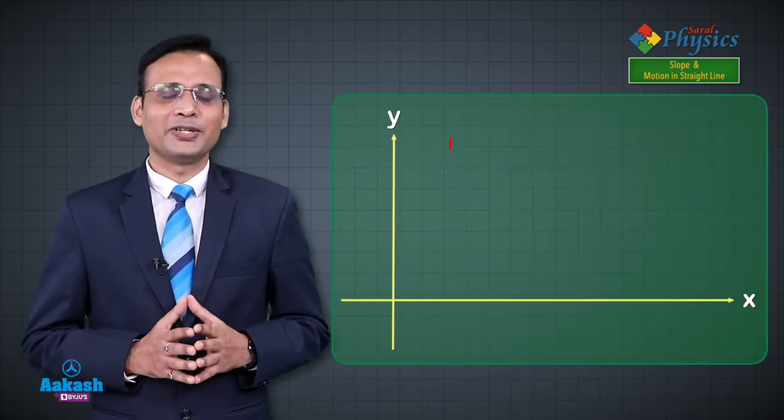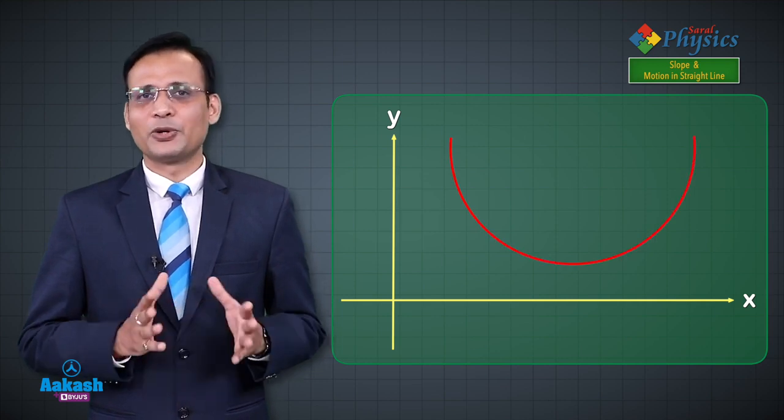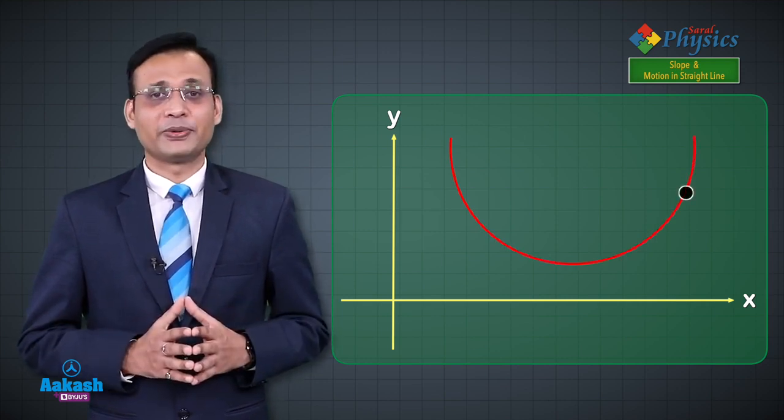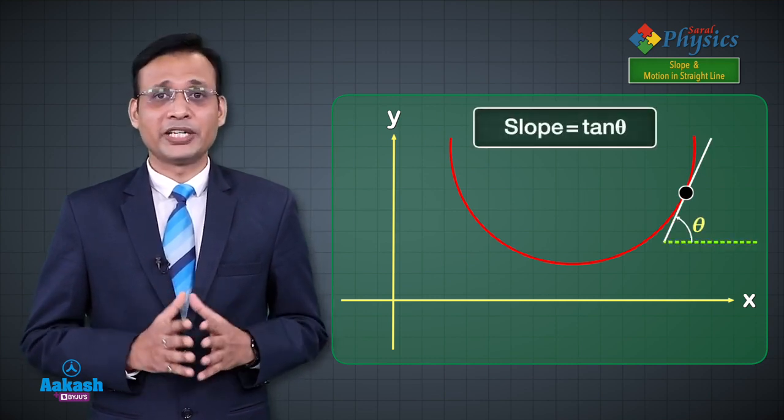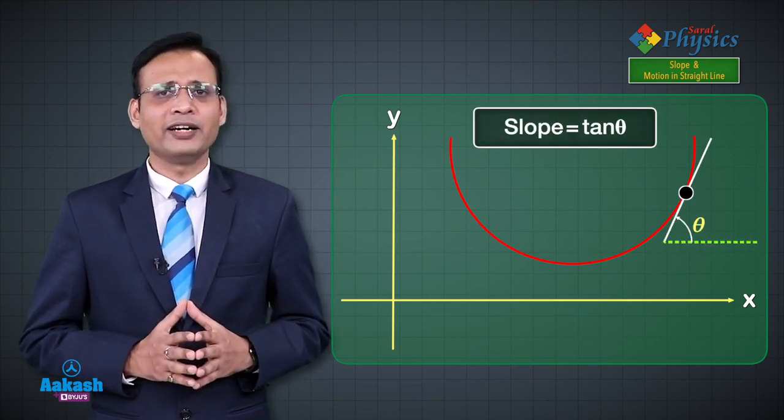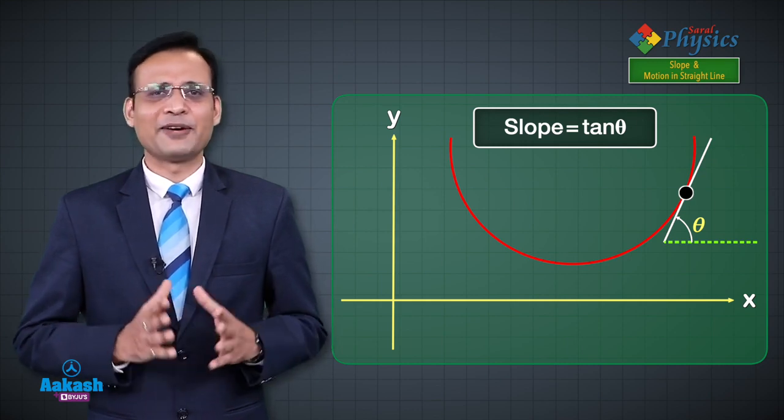Now let's talk about slope of a curve. The slope of a curve at a point is equal to the slope of the tangent line at that point. So if you change your point, slope at that point will also change. Let's have a look.